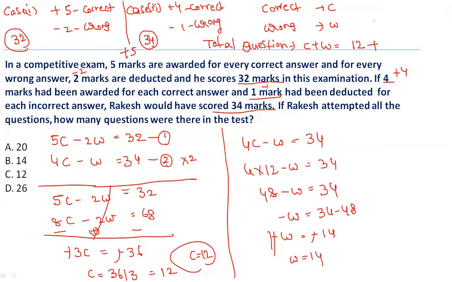So you got the correct answers as 12 and the wrong answers as 14. So altogether, how many questions are there in the examination? 12 plus 14, which is 26. Option D, 26 is the answer.